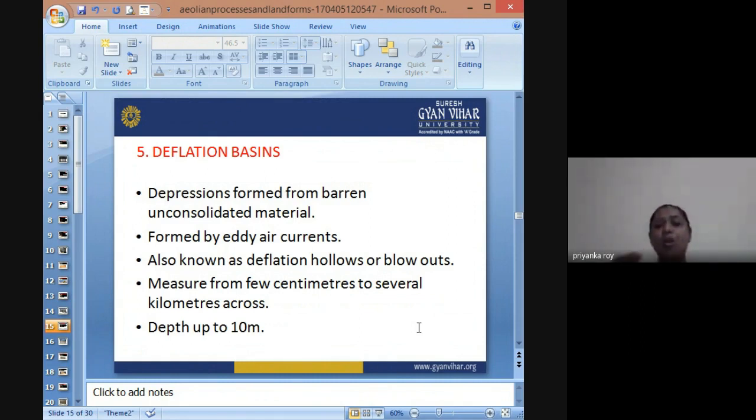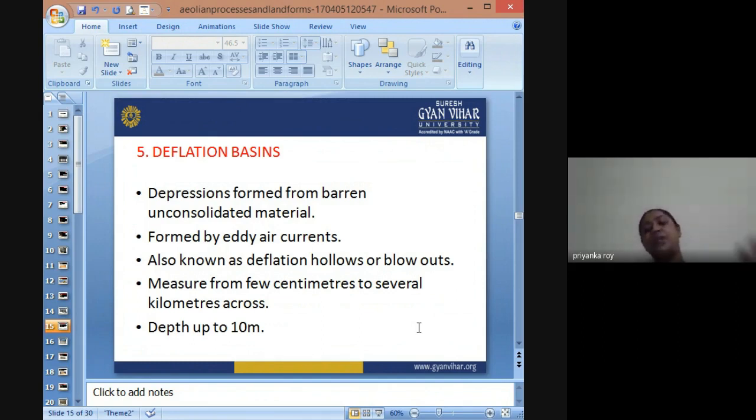What happens is, it starts with a small depression, just like we've studied about sinkholes. It starts with a small puddle of sink. Similarly, in a blowout also, it starts with a small hole on the surface, and then slowly this deflation starts getting wider and wider until it stretches for a very long distance.